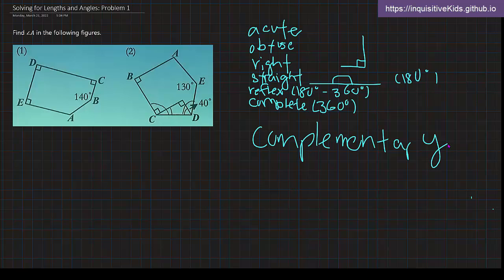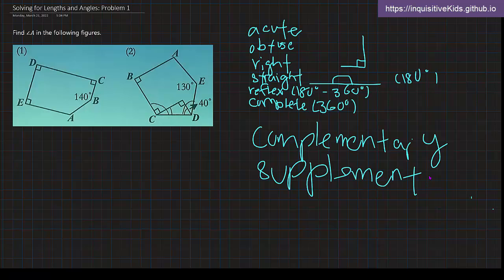Say I had angle 1 and angle 2, and angle 1 plus angle 2 equals 90 degrees. So I would say angle 1 and angle 2 are each other's complementary angles. Another one, of course, if there's 90 degrees, there also has to be 180 degrees. Those are called supplementary angles.